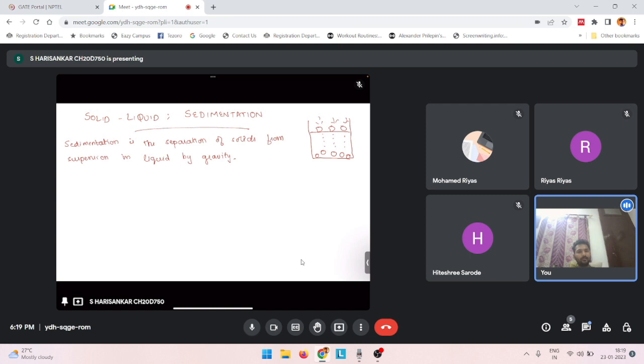So this sinking of the sugar crystals occurs because of gravity. This is the basic definition of sedimentation, and you can also call this settling of particles.